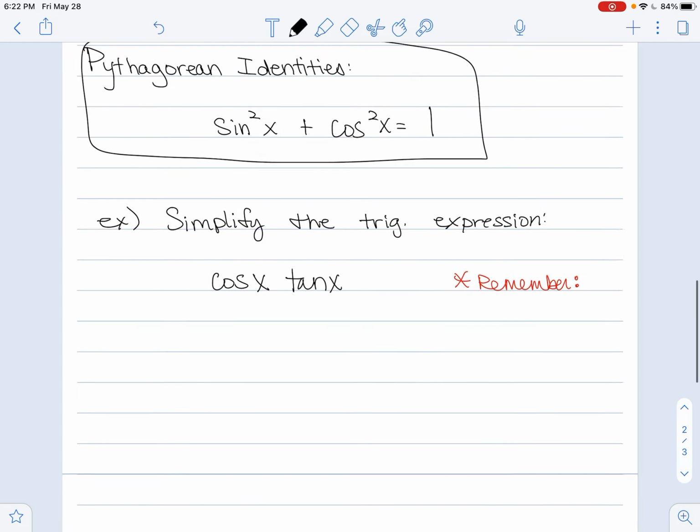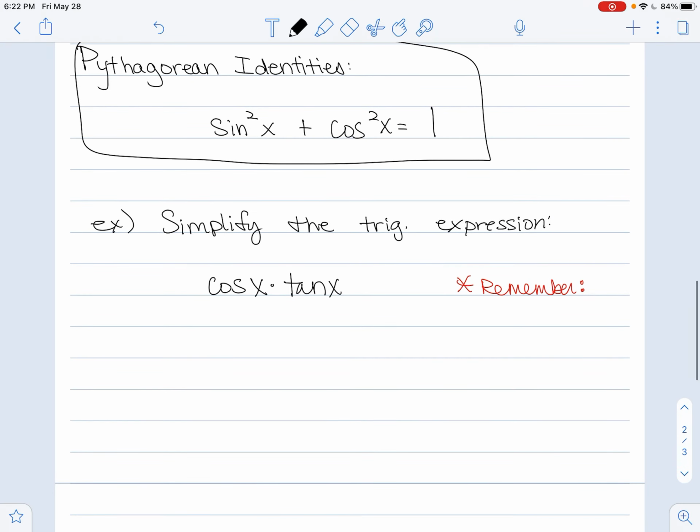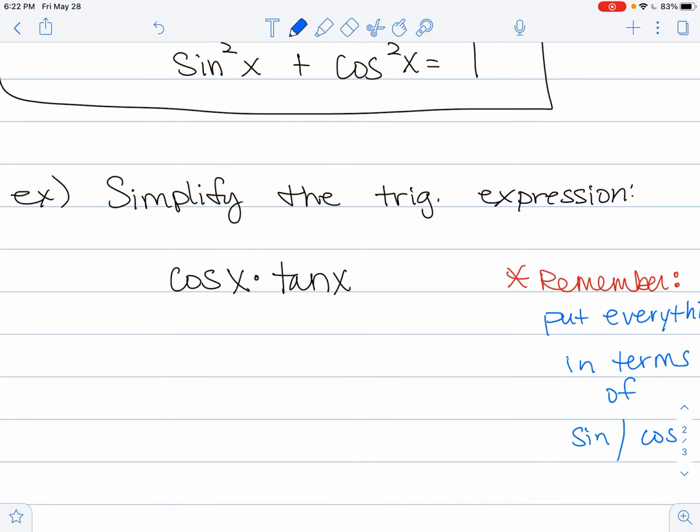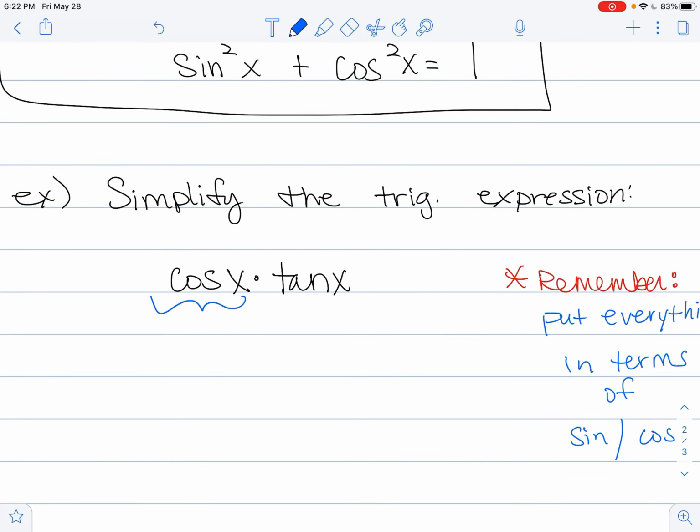So if I were to simplify the trig expression cosine times tangent, here's what we're going to do. We're going to put everything in terms of sine and cosine, because everything can be put in terms of sine and cosine. Cosine is already cosine, we're good, but tangent can be written as sine over cosine.